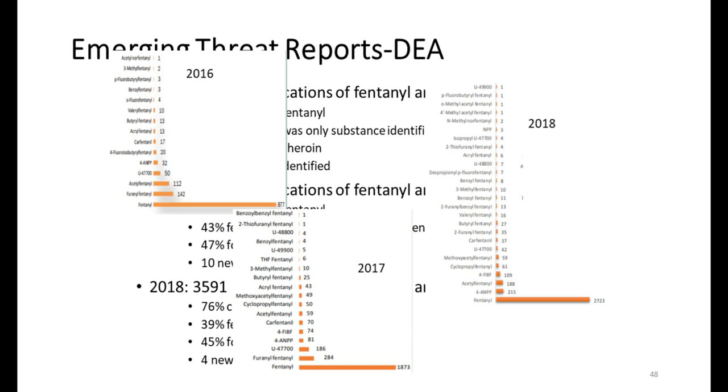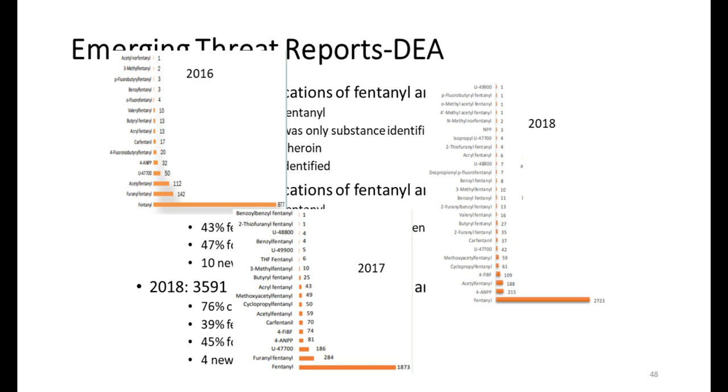In 2016 and 2017, there were a large number of fentanyl analogs that were identified along with fentanyl in substances that were submitted for analysis by the DEA and the crime laboratories. In 2018, that changed a bit. There were a large number of identifications of fentanyl, but there was a lower amount of identifications of related substances. And you can see that here in these graphs.